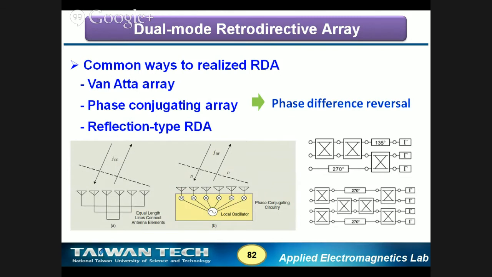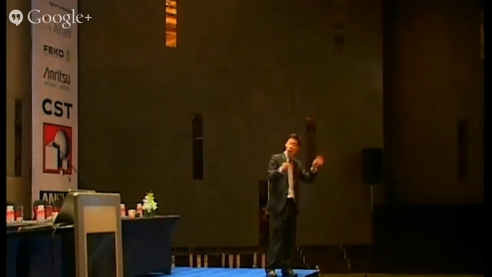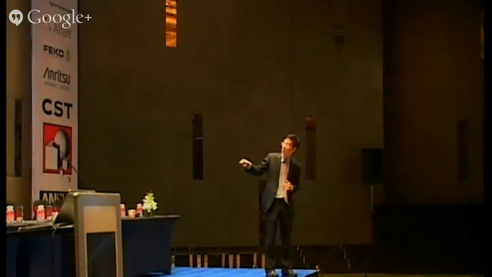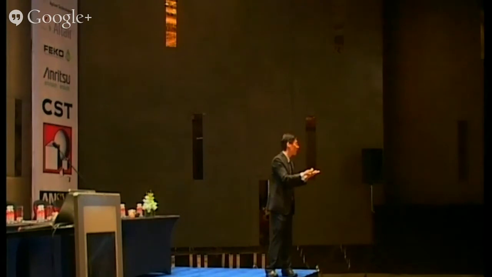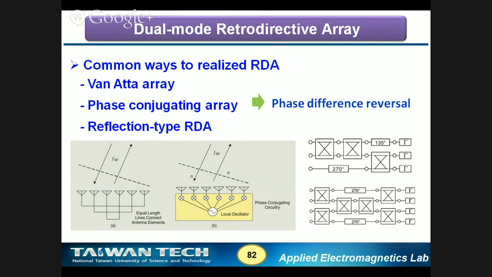You just receive the signal and send the signal to the antenna pairs. And of course, if you add an amplifier here, here, and here, then you can amplify the signal when retransmitted. This is the so-called Van Atta array.